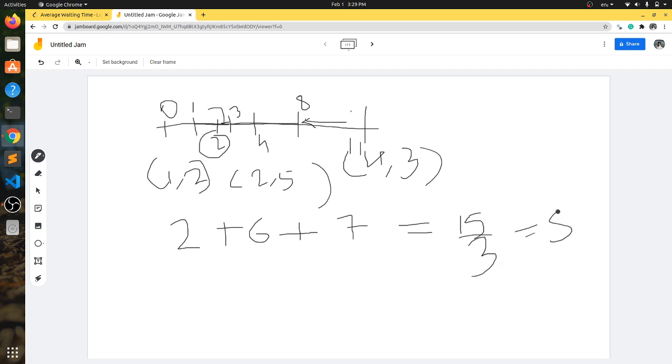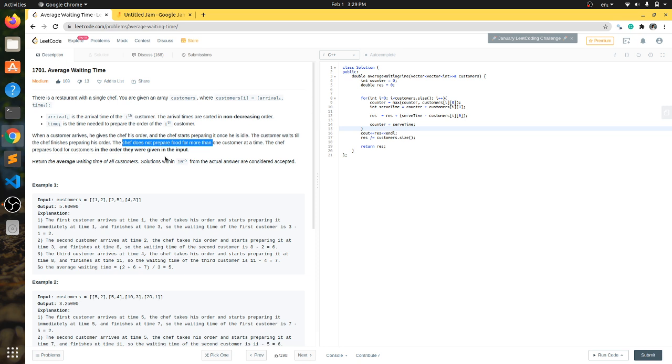Note that the question is also saying that we have to print the result precisely up to 10 raised to the power minus 5. For precision we use double, which is precise up to 14 decimals, but we need only 10 raised to the power minus 5, so that's okay.